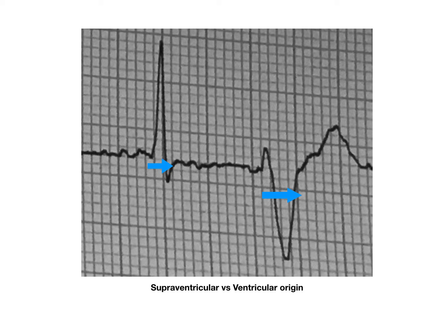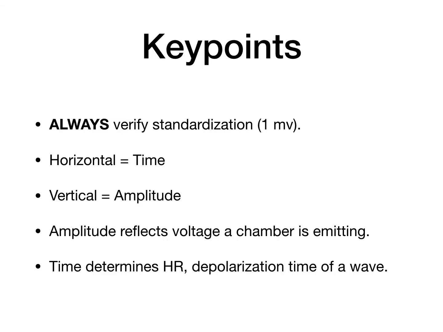Okay, remember, the horizontal plane is measuring time. So the key points for this lesson: first, remember to look for the standardization. Always look to the left side of the electrocardiogram, for the symbol that should measure 10 millimeters in height, or equal 1 millivolt.